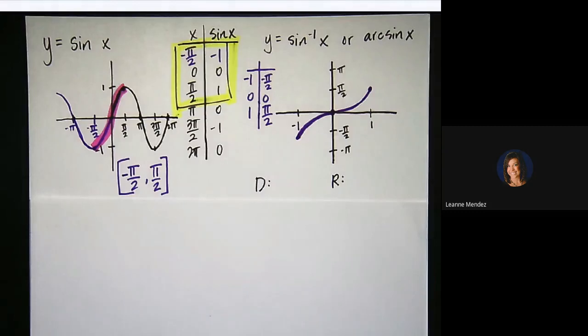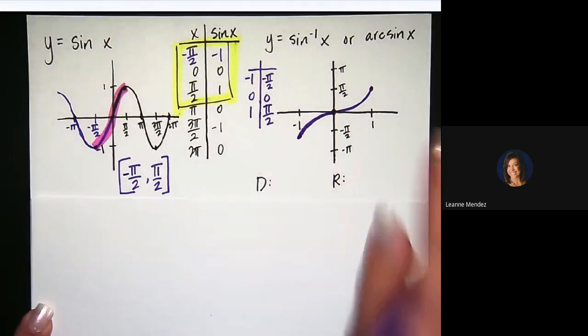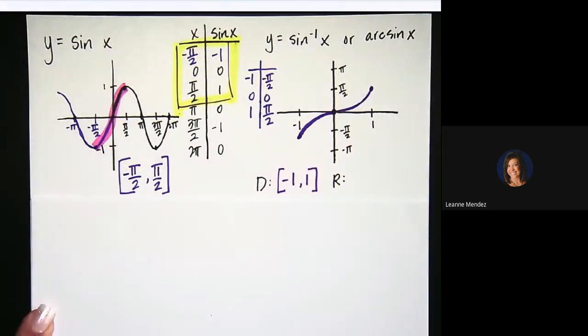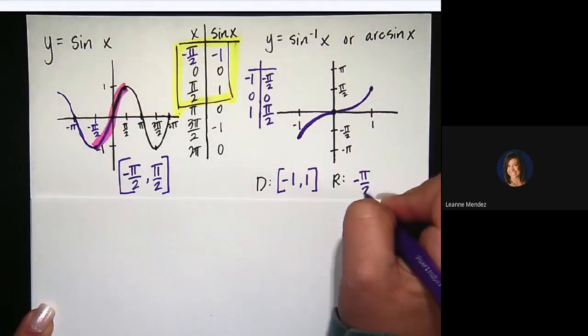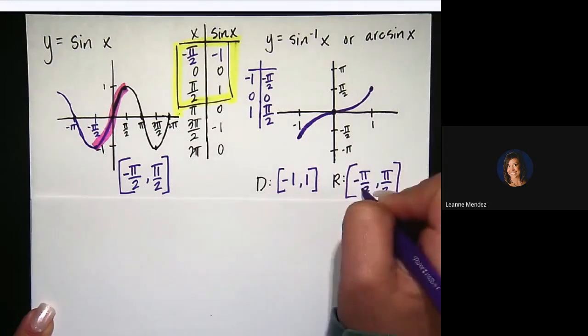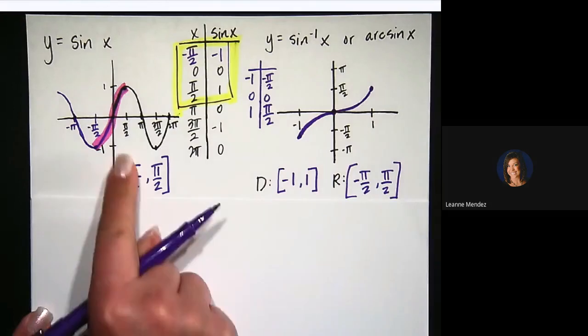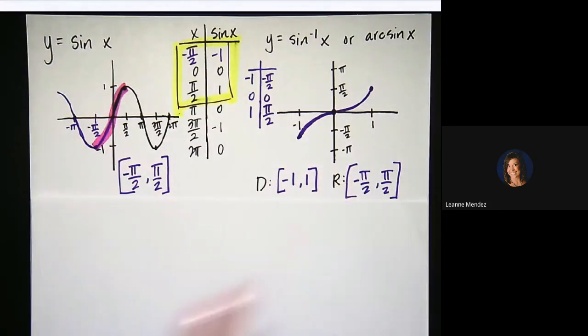Let's talk about these characteristics. The domain, how far to the left, how far to the right does this go? It goes from negative 1 to 1. What's the range? The range, it goes from negative pi over 2 to positive pi over 2. Again, that negative pi over 2, positive pi over 2 comes from the original domain restriction that we restricted sine to in order to have an inverse that was a function.